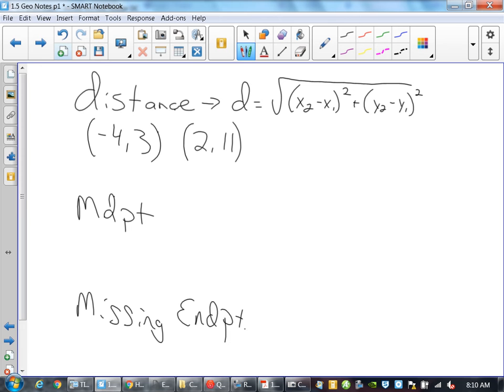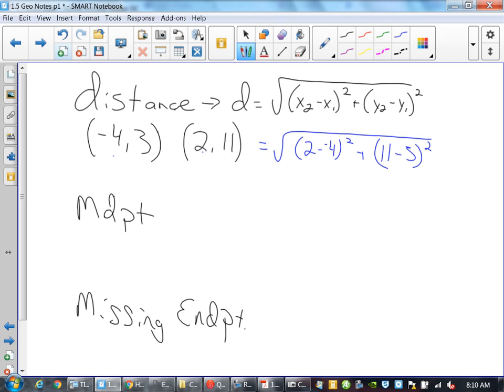If I'm looking at the long form, I'm going to use the formula, which means I would fill in the blanks: 2 minus the negative 4, and 11 minus 3.